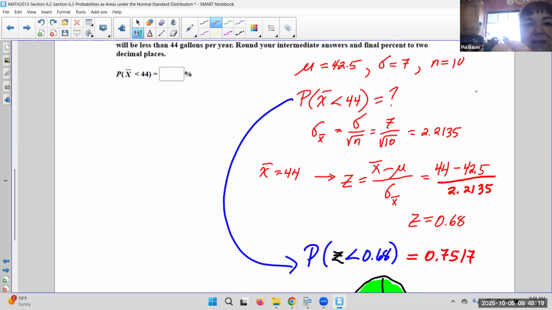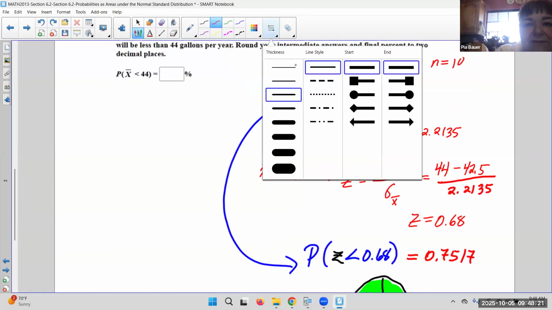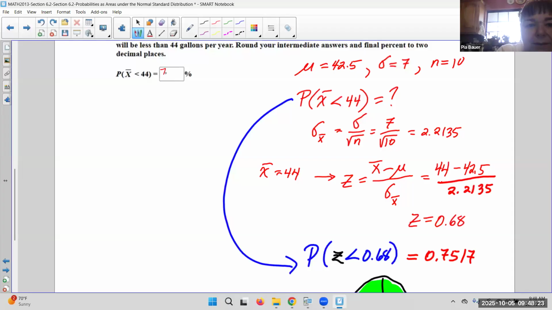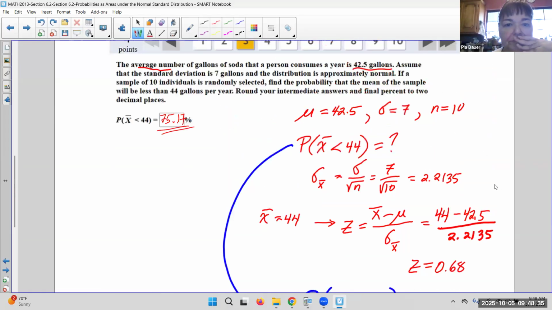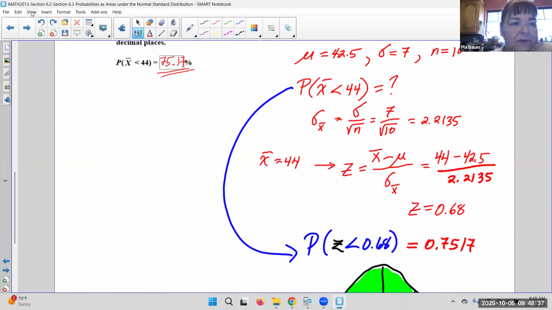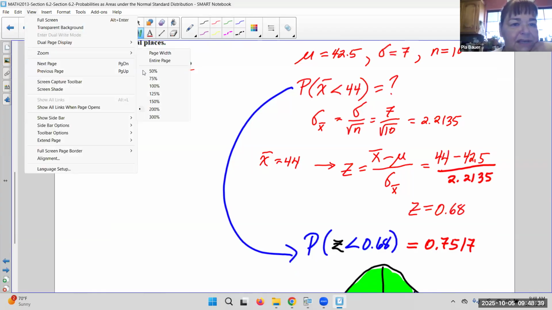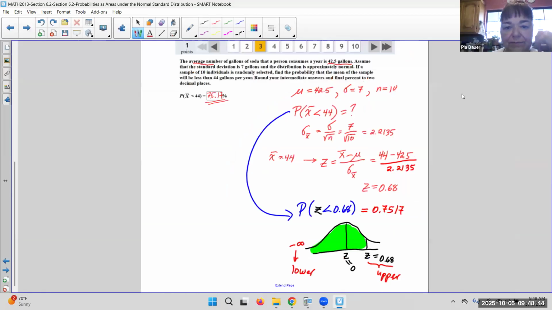So that will be 75.17%. Now, let me make it a little bit smaller so that you can see the whole problem in what I wrote.